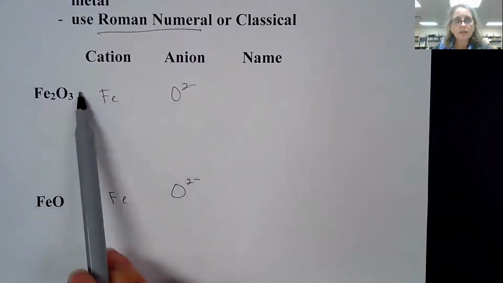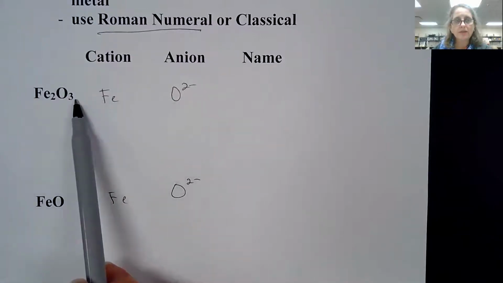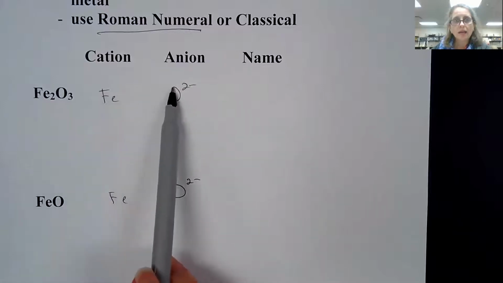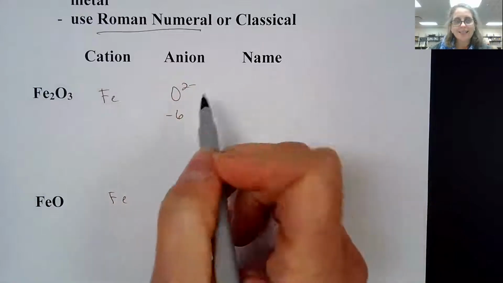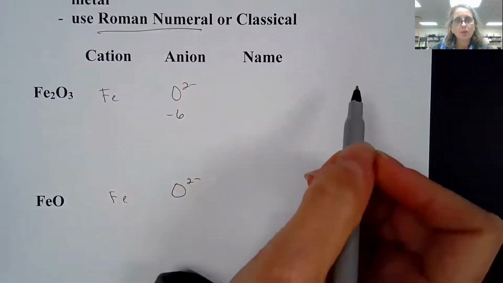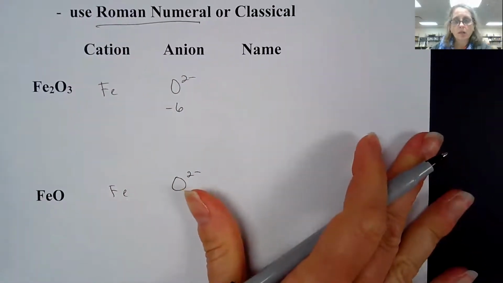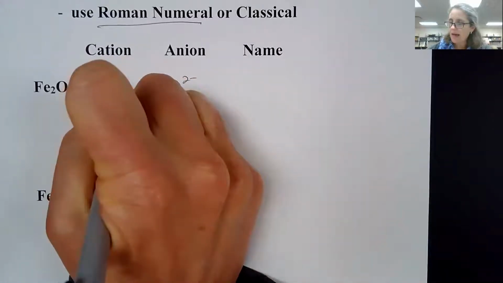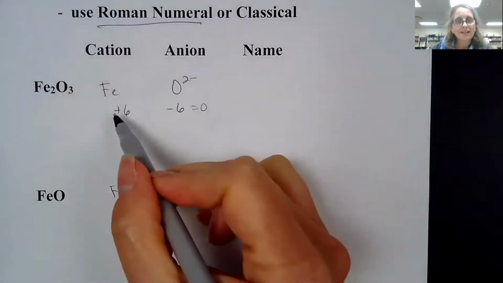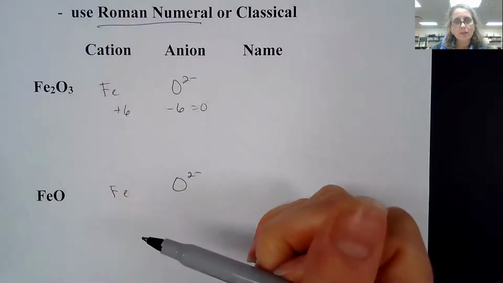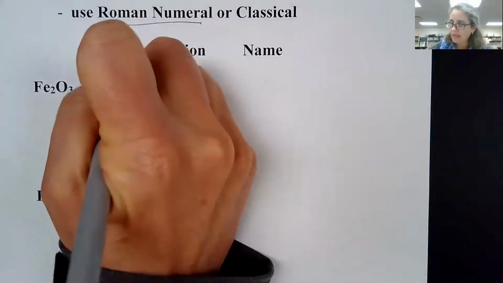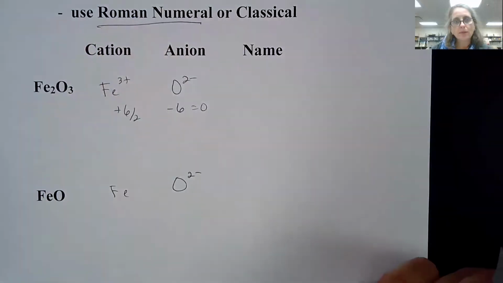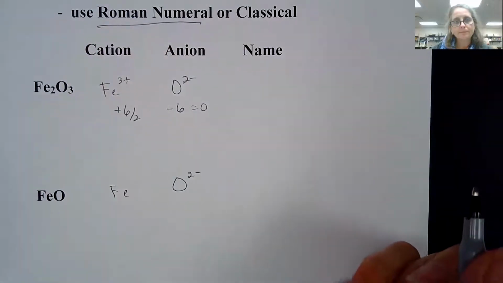But when I look at this formula, I see that I have 3 oxygens. If each oxygen is a -2, I'm getting an overall -6 on the oxygen portion. So in order to get this to 0, all of the iron must add up to +6. If I have 2 of them, that means each iron is the +3 variety.